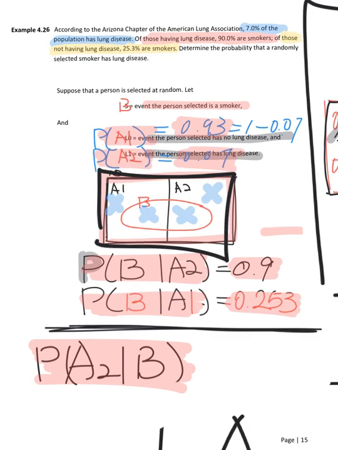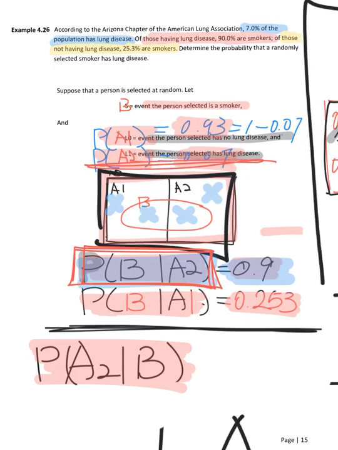We had B given A2. It was given with the probability 0.9. Okay, let me try to interpret the given probability B given A2. What is this? B given A2. A2 was given. Who was the A2?